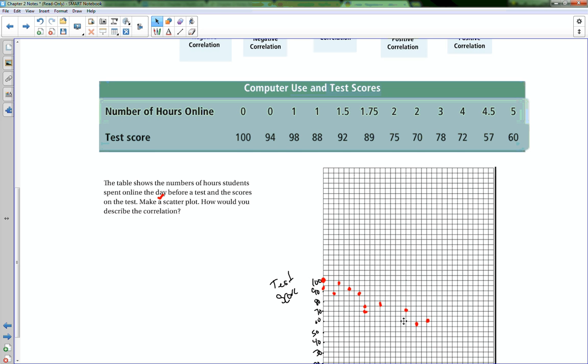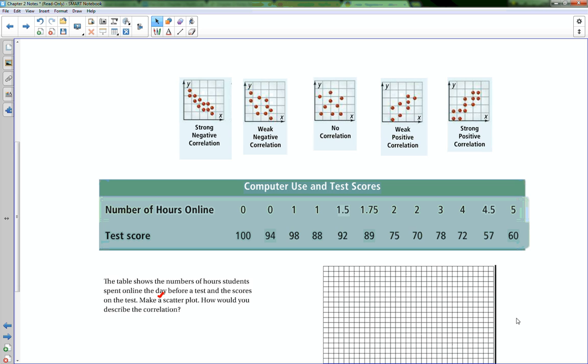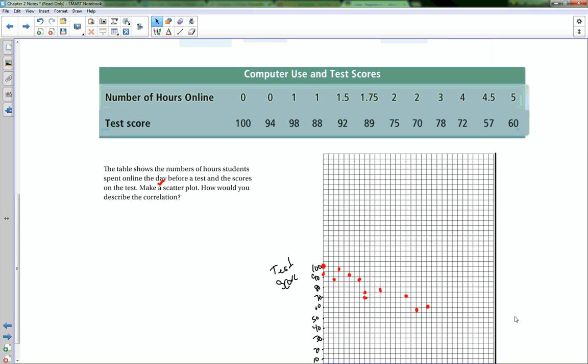I would say it's a pretty strong negative. Our values are pretty tight together, so I'm comfortable saying a strong negative. All right.